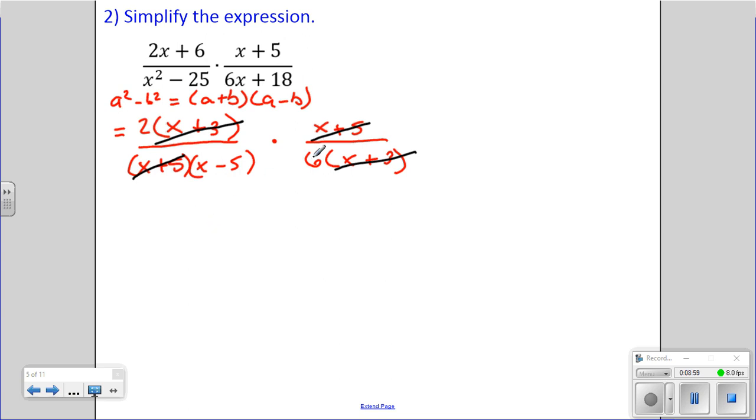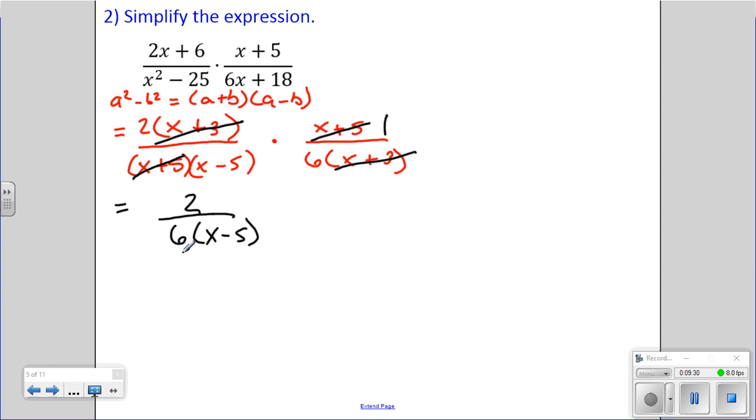Oh, I do recognize that 6 can be factored. So let's rewrite what we have so far, just to clean it up just a tad. So again, this is 1. So that's 2 times 1 at the top, which is 2. At the bottom, it's 6 times x minus 5. But again, 6 can be factored because we did it on example 1.